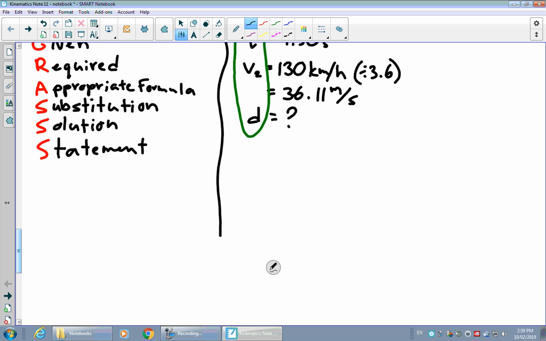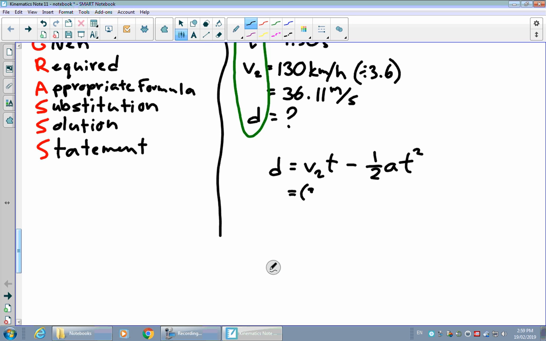I can now use that appropriate formula that I found. I'll start by just rewriting it. D is equal to V2 multiplied by T, and then subtract 1/2 times A times T squared. That's my appropriate formula. Now all I have to do is substitute into it. In this case, I'm okay if you don't include units in this intermediate step, as long as you make sure that your final answer has the correct units.